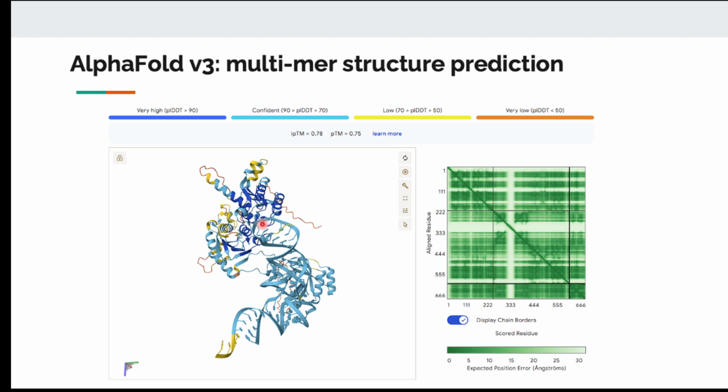In blue means very high confidence. In yellow and in orange means very low confidence. But it's not as detailed as Swiss model. There is no bond angle analysis. There is no other quality analysis. So I recommend kind of trying both and comparing the results.